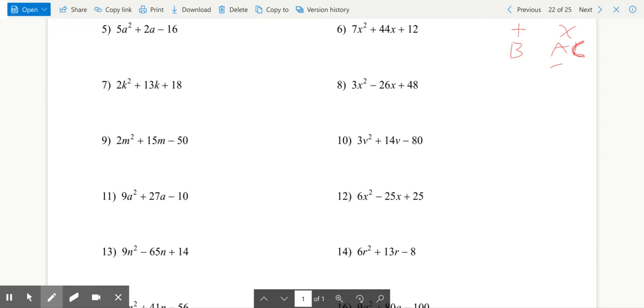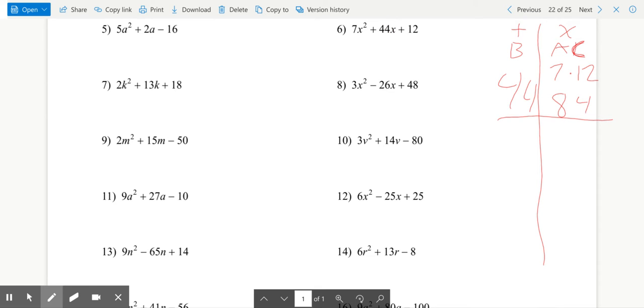So in this case, 7 times 12 is what's going there. So 7 times 12 is 84. So we're looking for something that multiplies to 84 and adds to 44. That's our B here, right? 44.